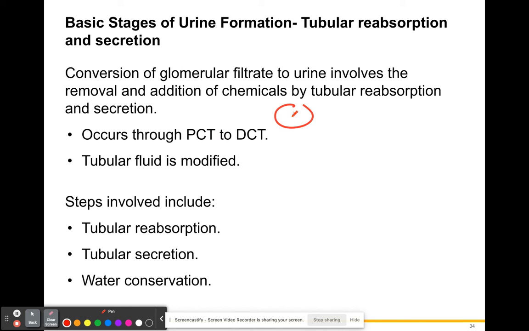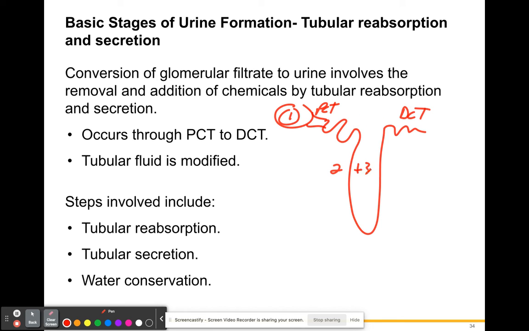All right, so here's our glomerulus. Step 1, our glomerular filtration, happened there. Step 2 is going to happen here at the PCT, through the loop of Henle, and out the DCT. All of this is going to be steps 2 and 3. Tubular reabsorption and tubular secretion are going to happen here.